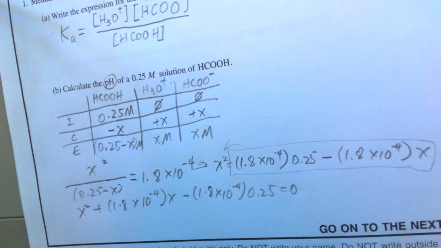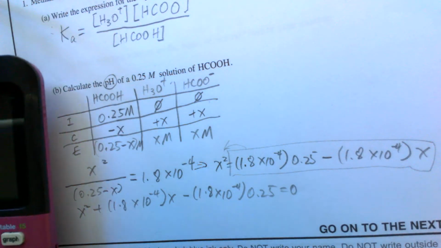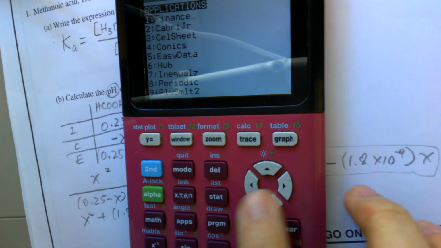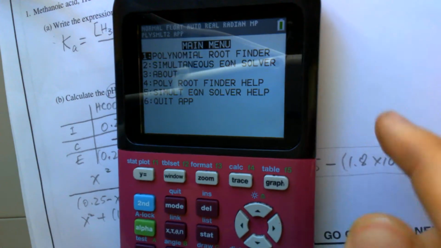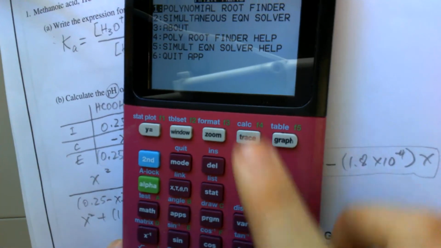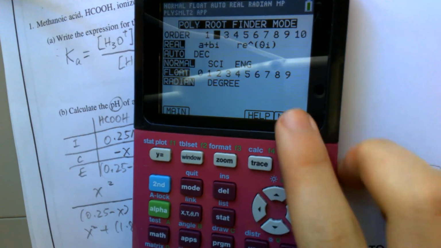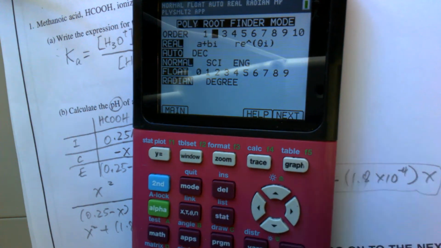All right, so now we need to use our calculator. We need to plug the values into the calculator. We go to Apps, go to PlySmlt2, and we go to polynomial root finder. We choose next. Remember the order should be 2 because it's a quadratic equation.